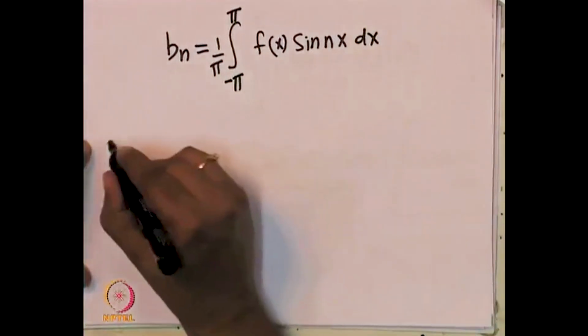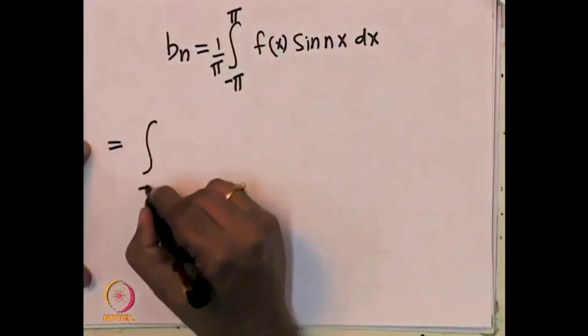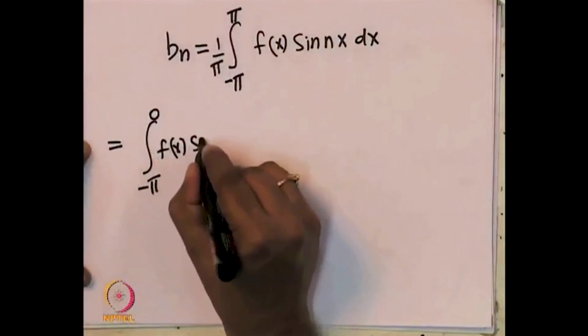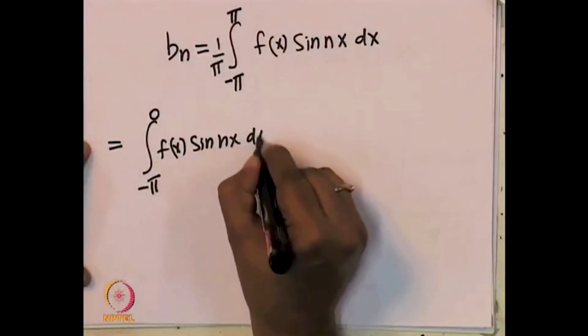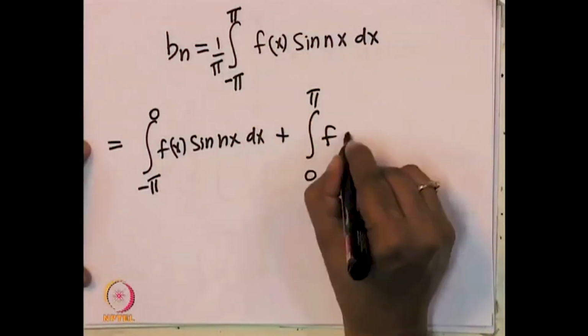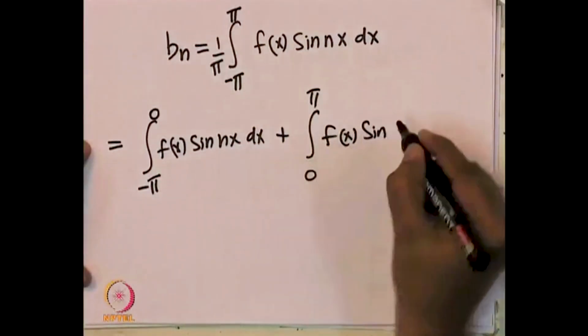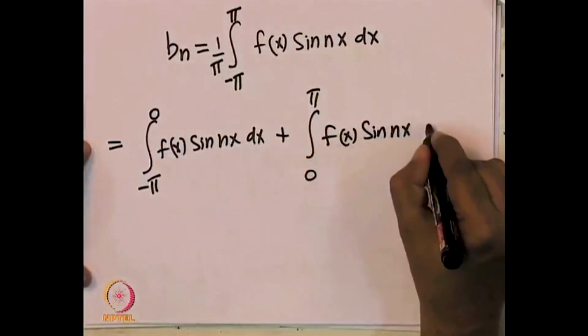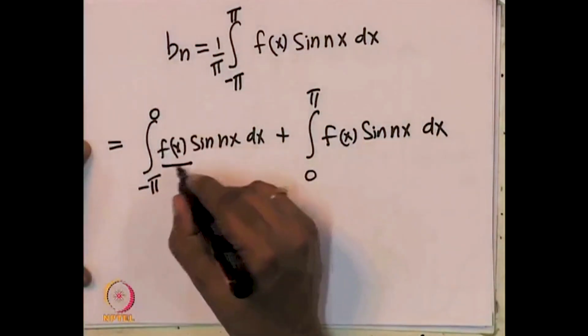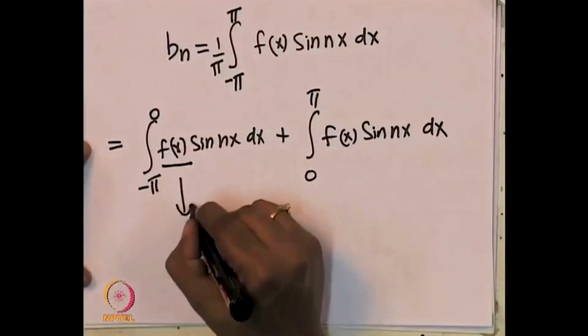As we saw before, this can be written as integral minus pi to 0 f of x sin n x dx plus integral 0 to pi f of x sin n x dx. f of x between minus pi and 0 is 0, so this whole thing is 0.